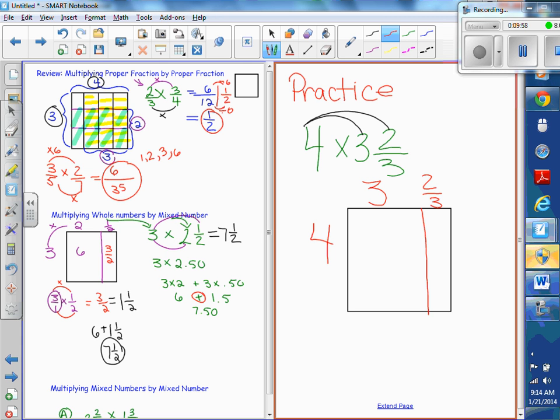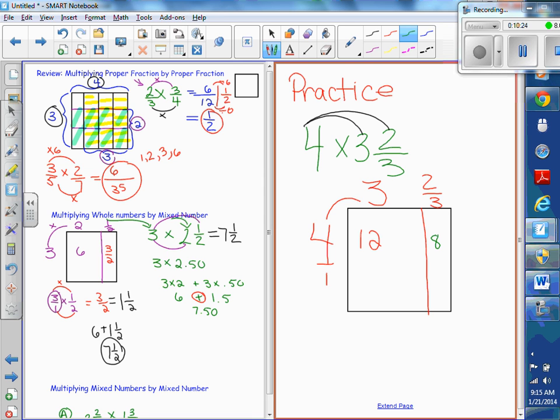And then there's two sections in that area model. See the two sections, the left and the right? So in the left section, you just do 4 times 3. So Claire, what's 4 times 3? 12. And then in the right section, you have to do 4 times 2/3. So remember, you can think of this as 4 over 1. Multiply the top numbers. What's 4 times 2? 8.